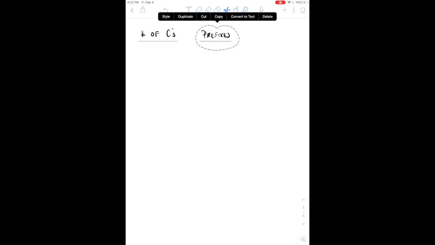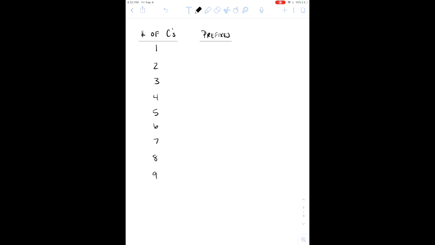We have 1, 2, 3, 4, 5, 6, 7, 8, 9, and 10 is as high as we're going to go. You can definitely go higher. Things get a little bit more complicated after that.